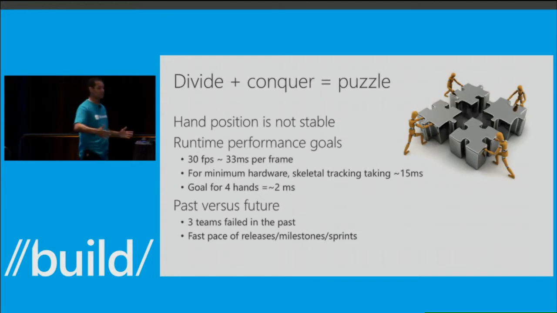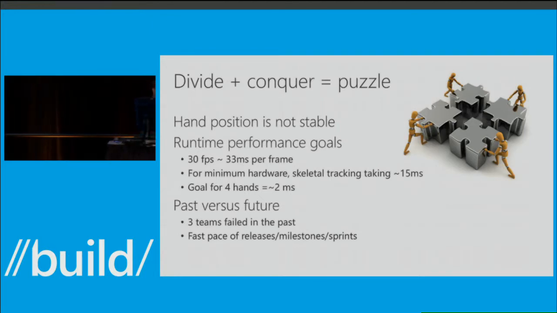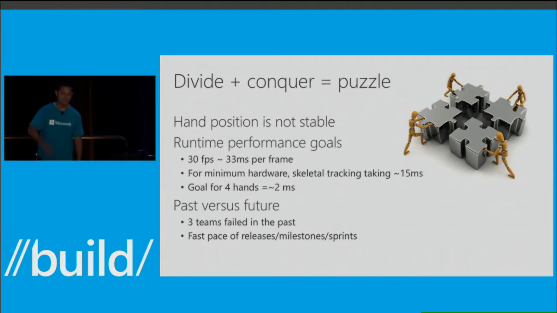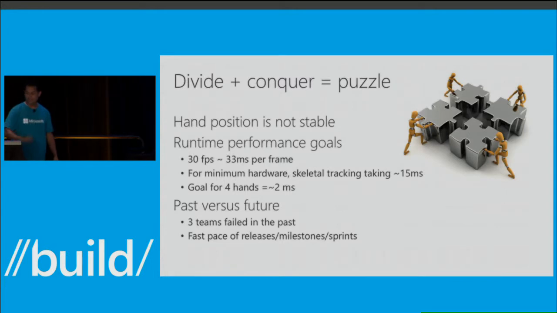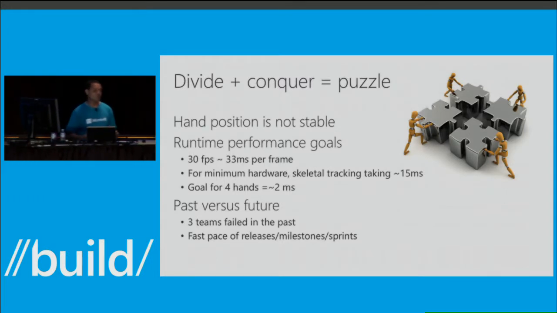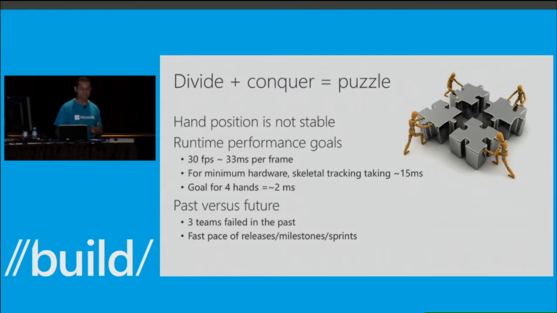Took 15 to find the skeleton. I came up with this number. Literally, this was the criteria. 2 milliseconds for us to find the state of the hand. Okay. And then, of course, this project is assigned to the team, and only then they tell me that 3 teams before tried and failed.